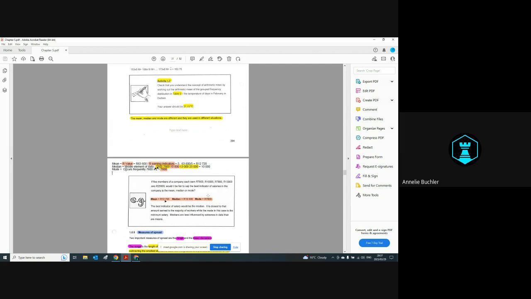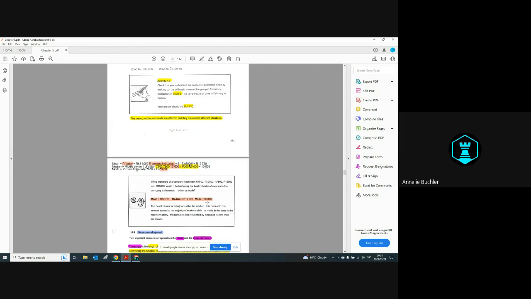So I categorize it numerically. I start at the smallest value and I end at the highest value. Now my middle is 10,000. There's 2 sets of numerical indicators there and 2 sets over there. So the median is 10,000.